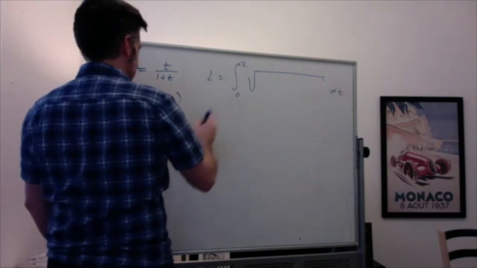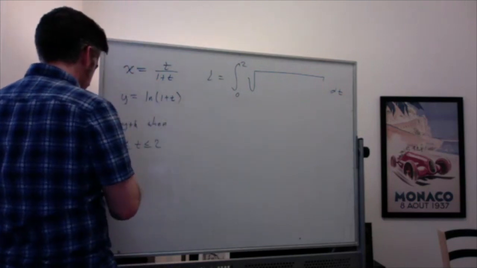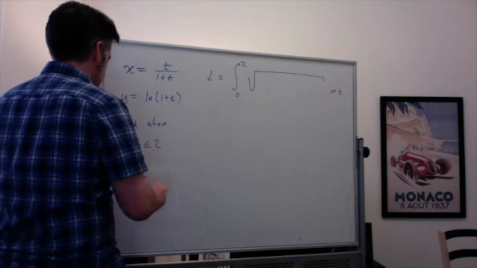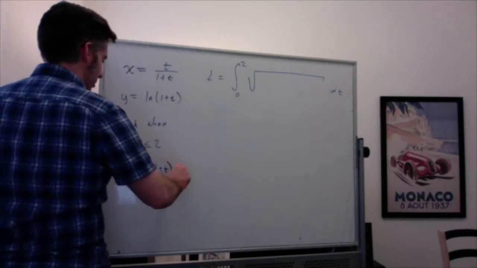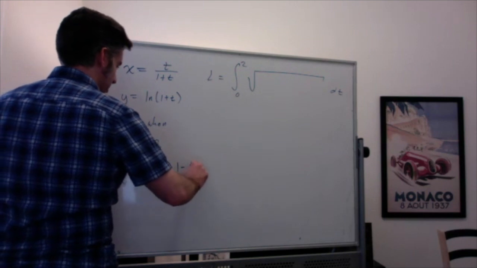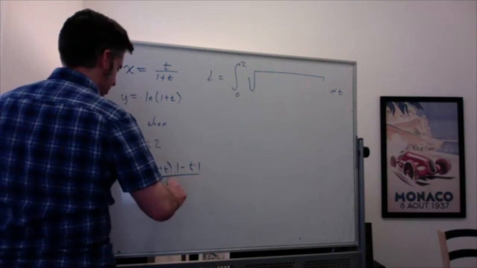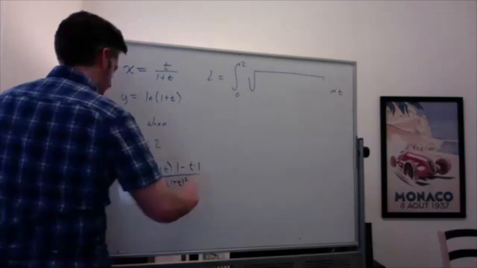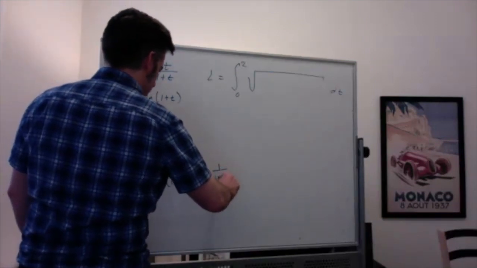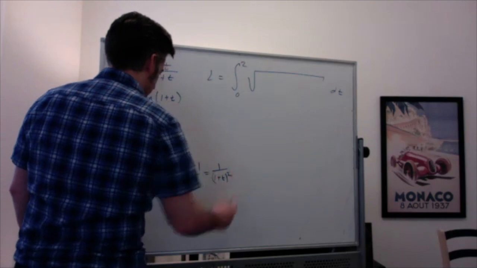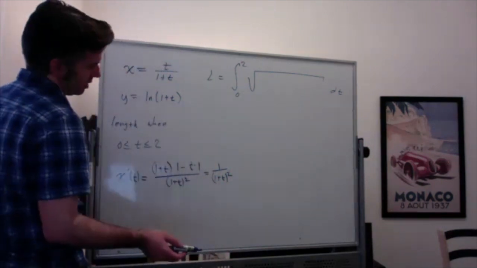So x prime of t is going to be bottom times derivative of the top minus the top times derivative of the bottom, all over the bottom squared. That's going to be 1 plus t minus t. So that's just 1 over 1 plus t squared. Interesting.